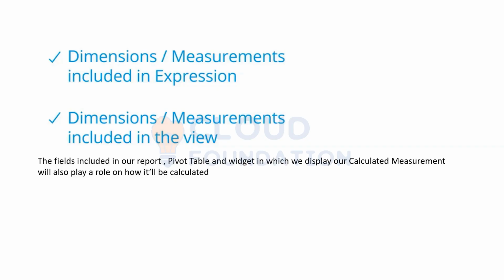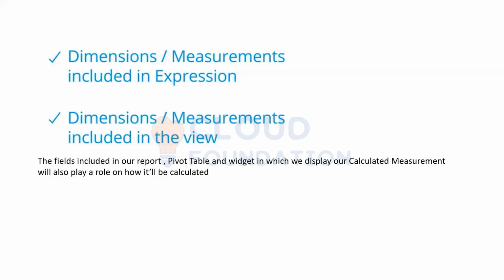But when you are doing a measurement calculation, now taking all these columns, what you have created is a ROAS. ROAS is the return on ad spend calculation that you have done on your data, and you want to see it with respect to all these native dimensions as well as measurements. So whatever measurements you have, you want to see how your calculated measurement works with respect to those measurements.